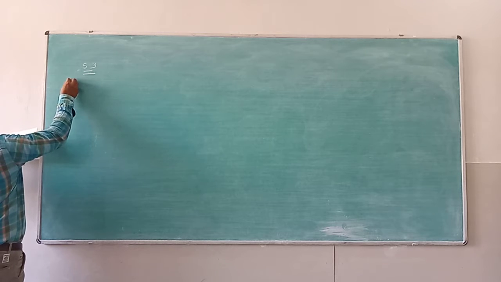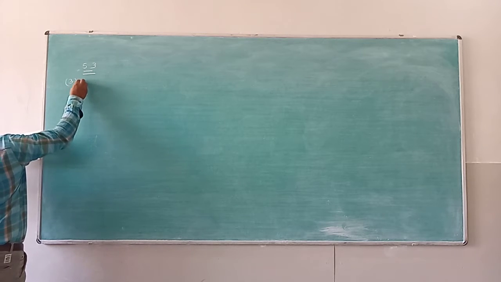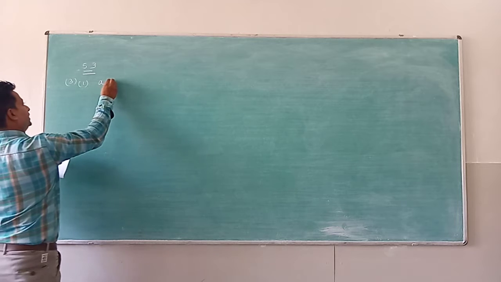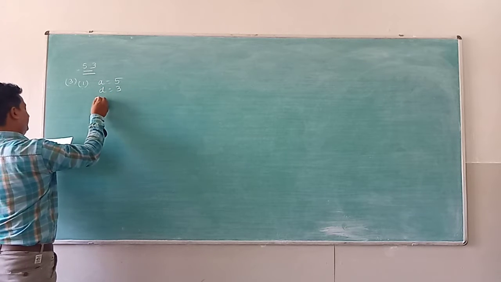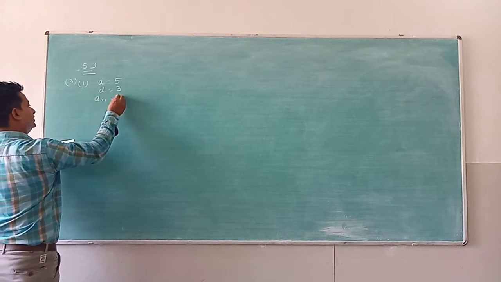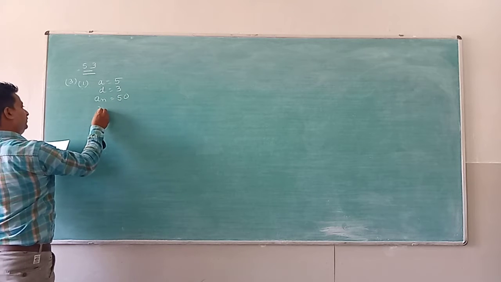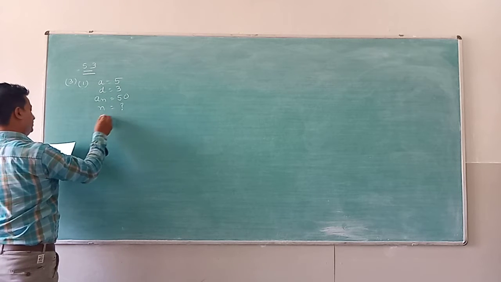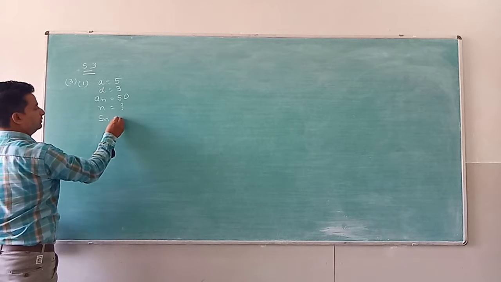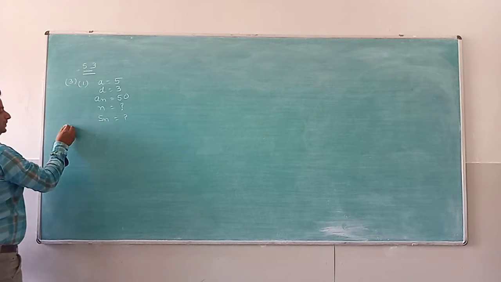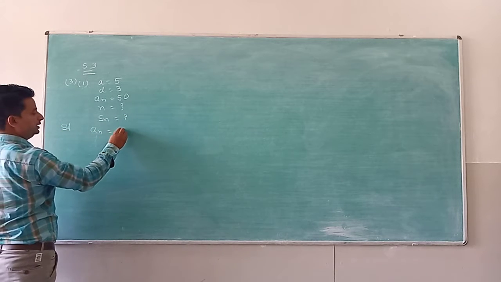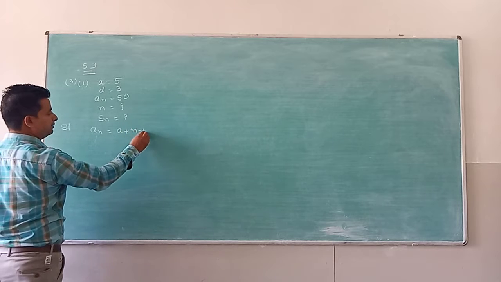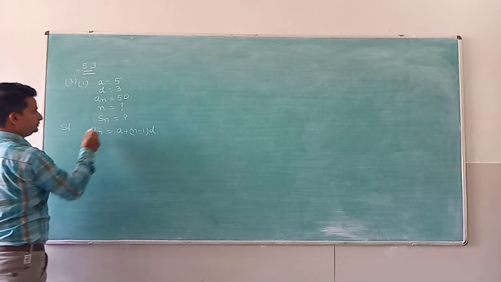In question number 3, the first part is a equals 5, d equals 3, an equals 50. We are required to find n and Sn. The formula of an is a plus (n minus 1) into d.